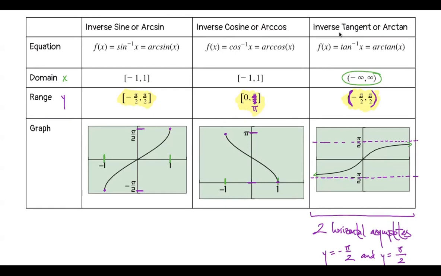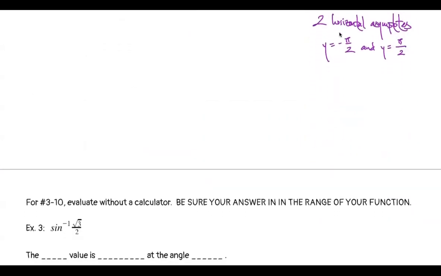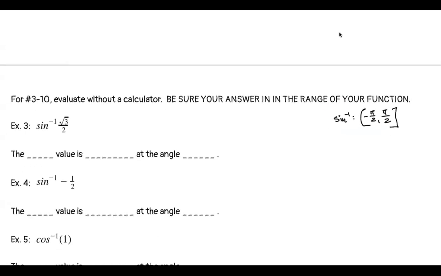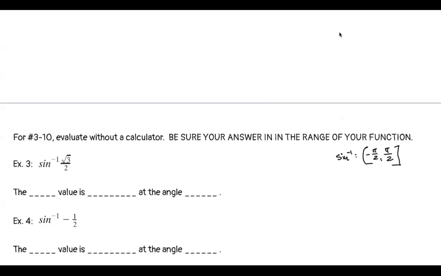Okay. So if we note those down, for inverse sine we have from negative pi over 2 to pi over 2, right? Can someone tell me, if I asked you to go from negative pi over 2 to pi over 2 on the unit circle, let's actually make these two up here.